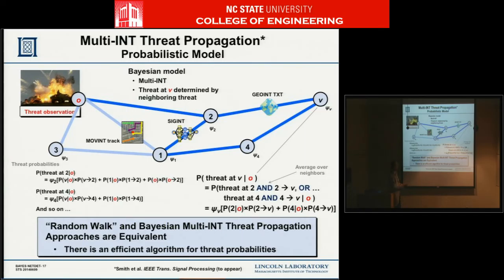That is computed through this method. So the probability at 4 is equal to the probability at V and 1, and the probability at 1 is equal to 2 and 3 and observation, and so on and so forth. And that gives you this big linear system, and you solve a linear system with a matrix inverse that is the Laplacian.